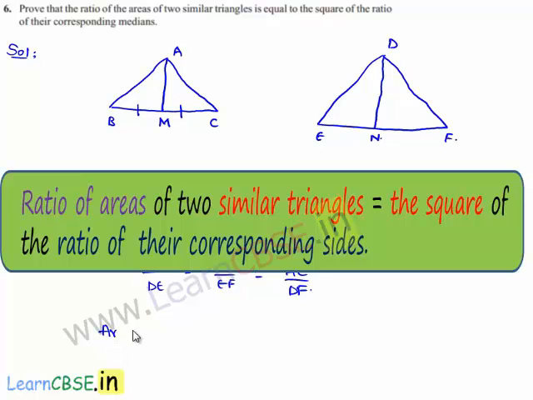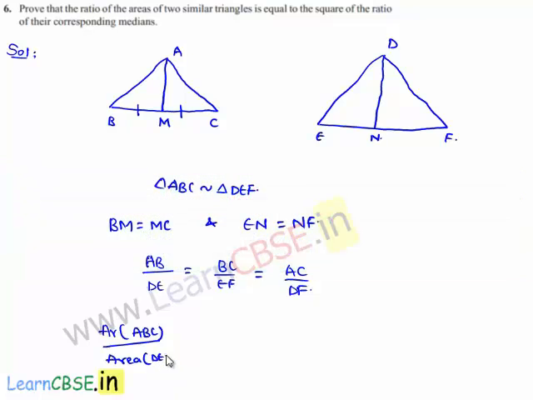Therefore, here we can write area of triangle ABC by area of triangle DEF is nothing but square of ratio of its corresponding sides, that is AB by DE whole square, which can be written as AB square by DE square.